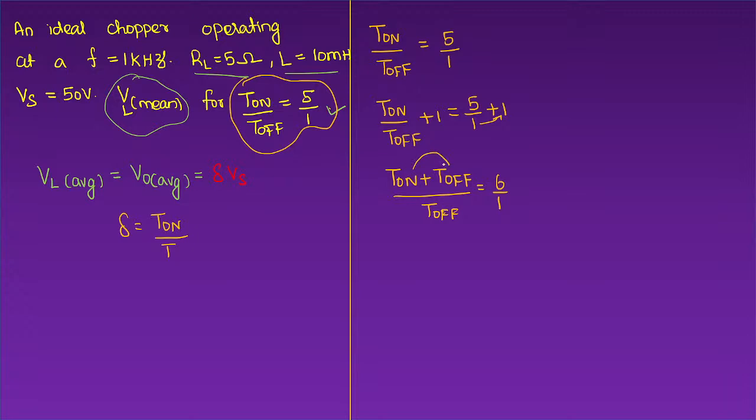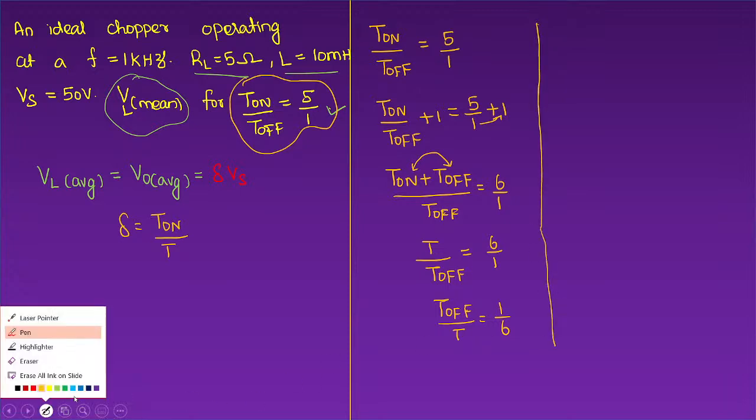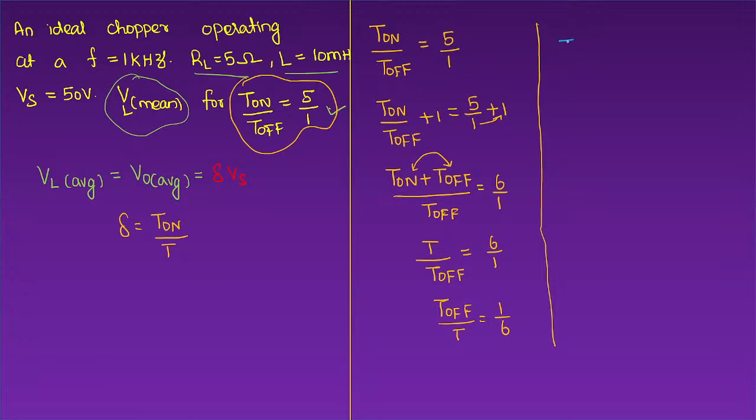Now we can say T on plus T off is the fundamental time period T, so T upon T off is equal to 6 by 1. If I take the reciprocal, then off time upon total time period equals 1 upon 6. So the off time is 1 by 6 times the overall time period.